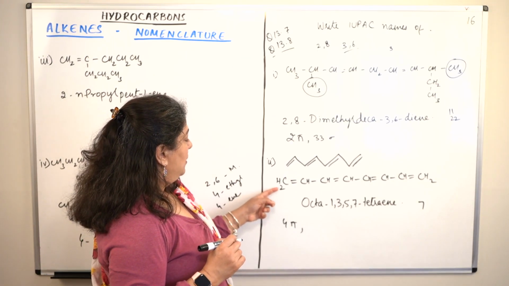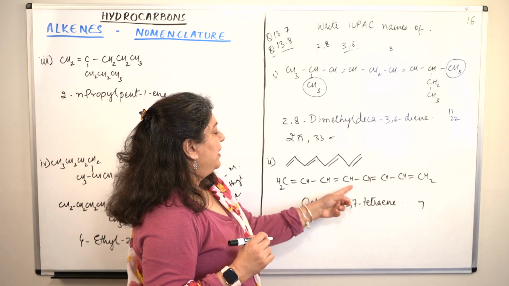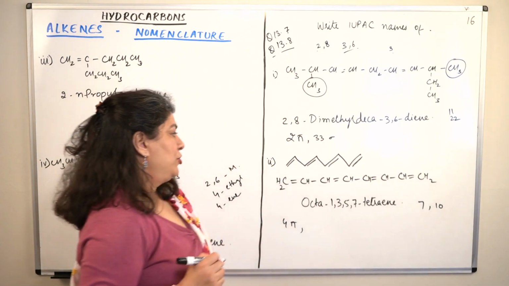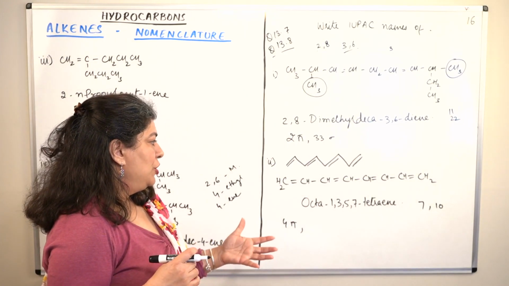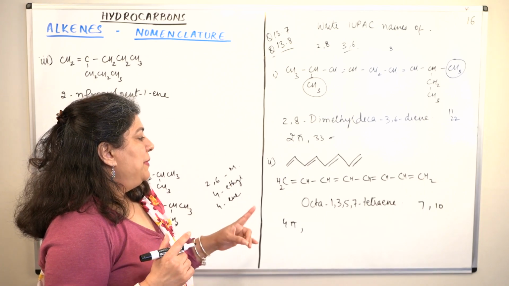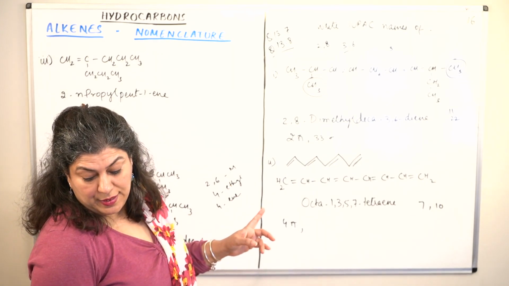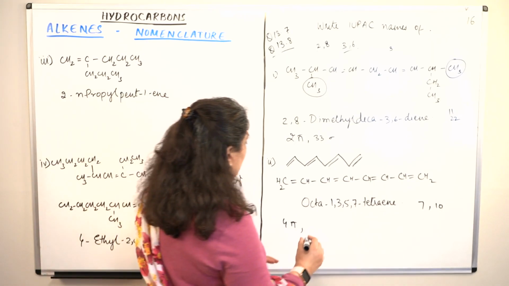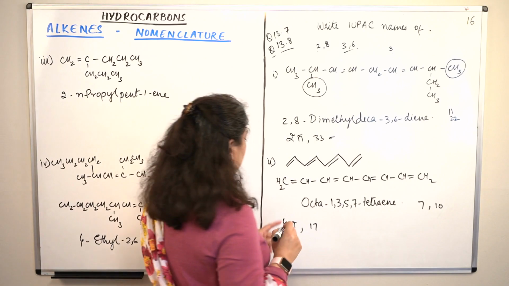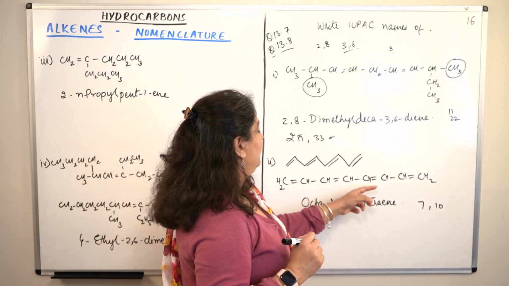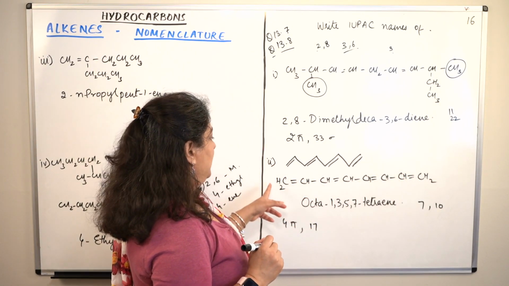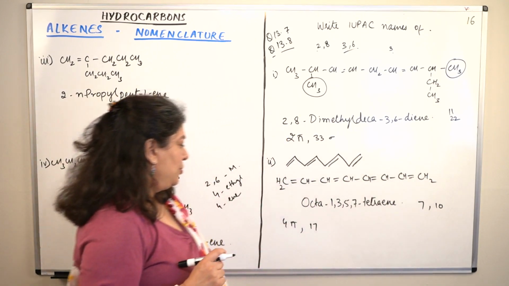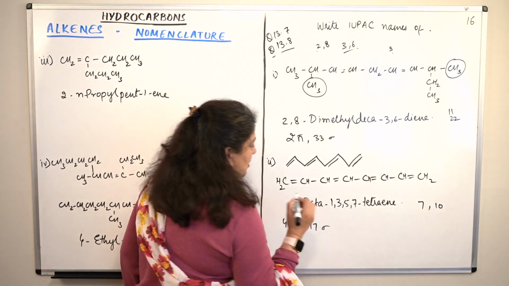There are 10 hydrogens, so 10 bonds with hydrogens. So 7 plus 10 is 17. So there should be 17 sigma bonds and 4 pi bonds.